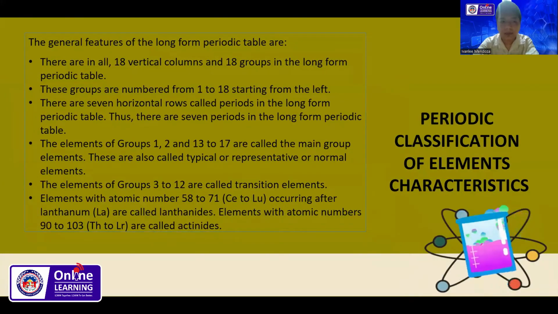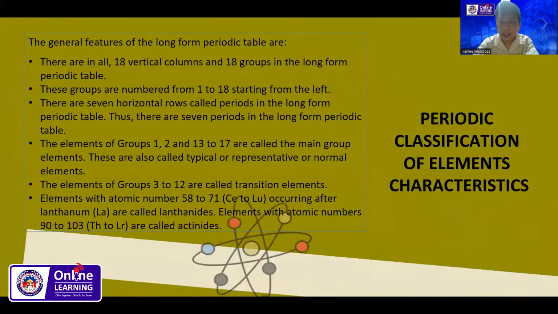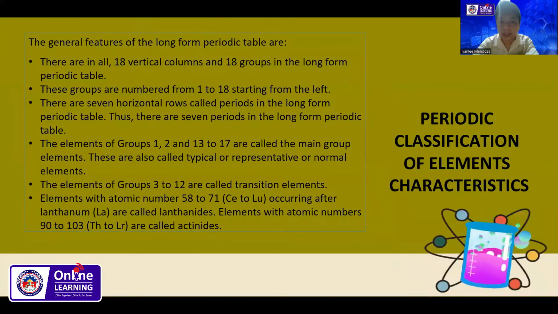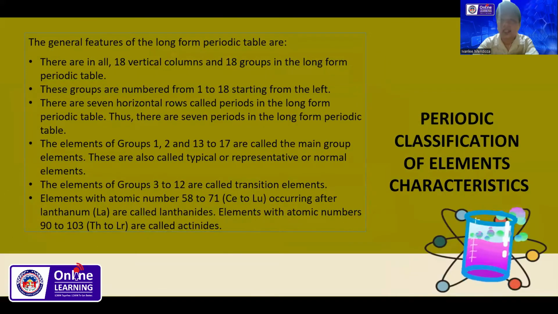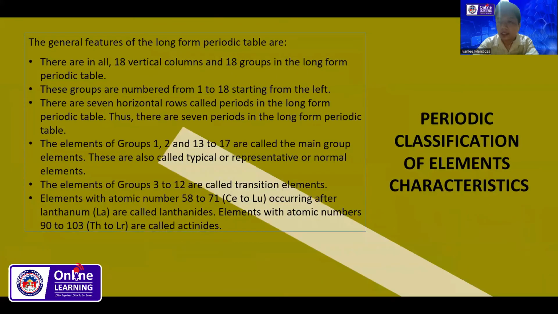Next, the elements of groups 1, 2, and 13 to 17 are called the main group elements. These are also called the typical, representative, or normal elements. Then the elements of groups 3 up to 12 are called the transition elements.